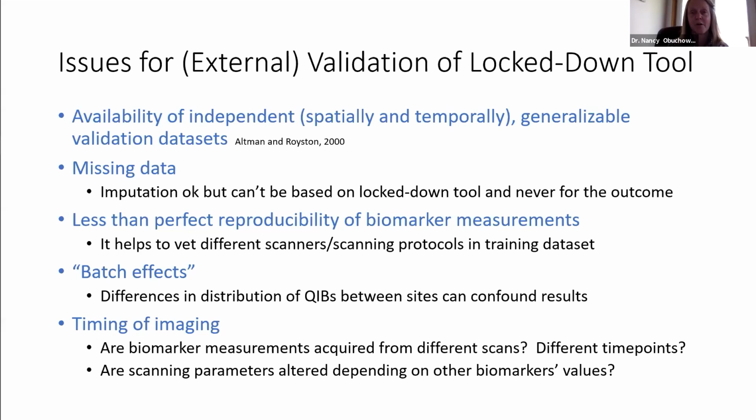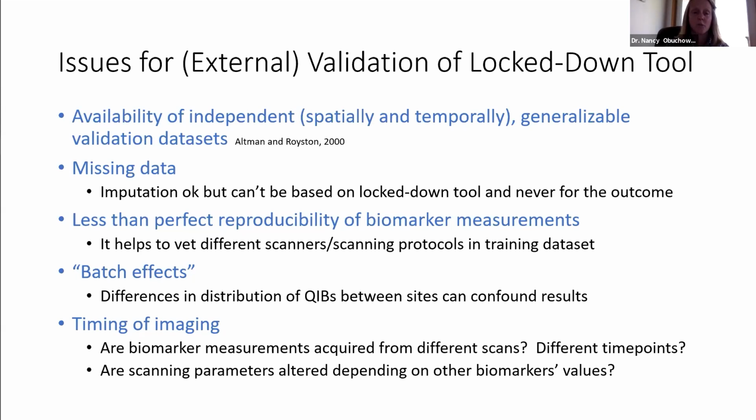Another issue that we're all familiar with is the reproducibility, or lack thereof, of the biomarker measurements. So you can imagine that you're in your training set and you have lack of reproducibility in your biomarkers, and we recognize that. But now imagine taking that tool to an independent data set, a data set that was created at a different site.